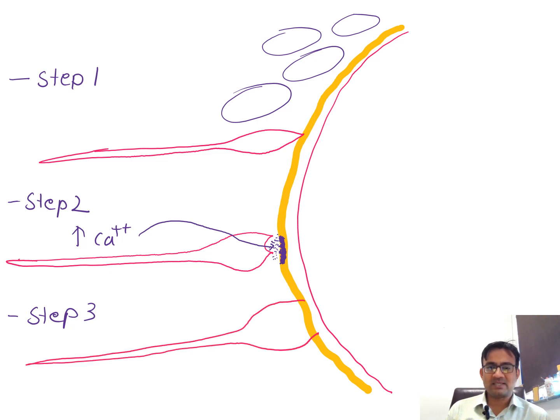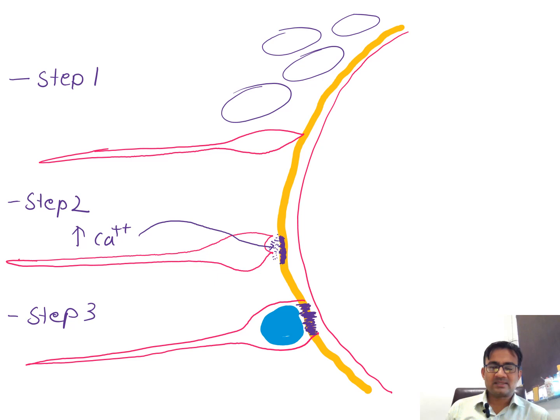Now in step 3, see, this is making an attachment. The sperm membrane is making an attachment with the ovum. By this time all the zona pellucida has been dissolved.